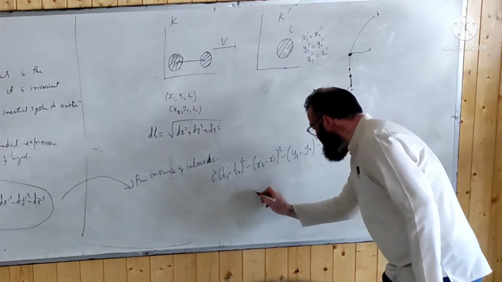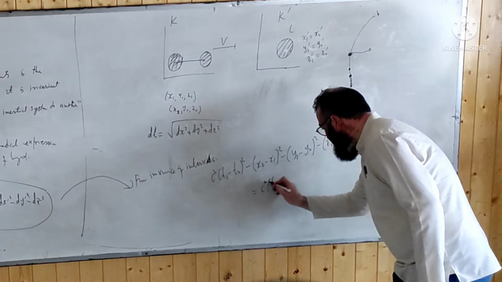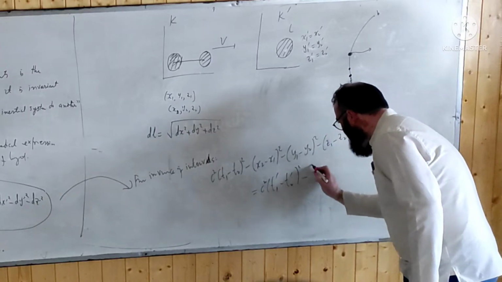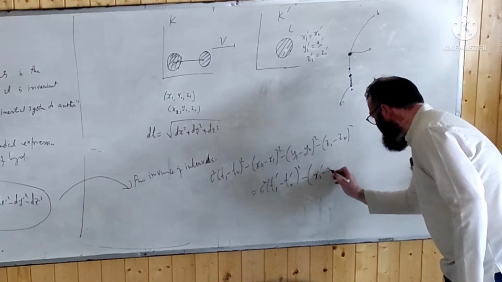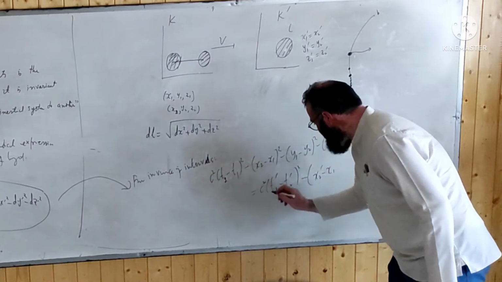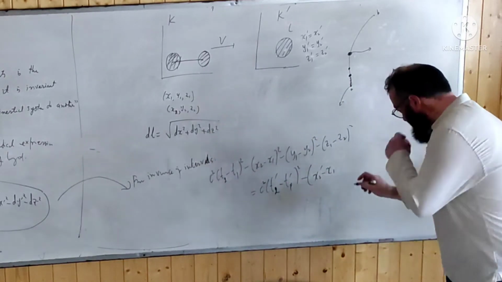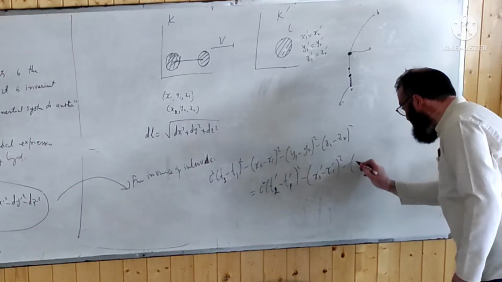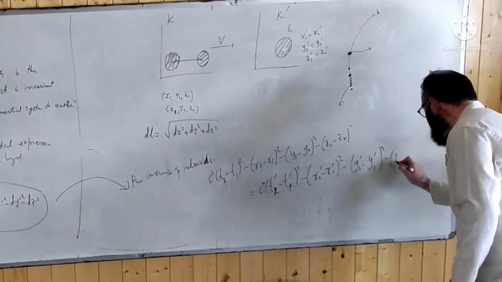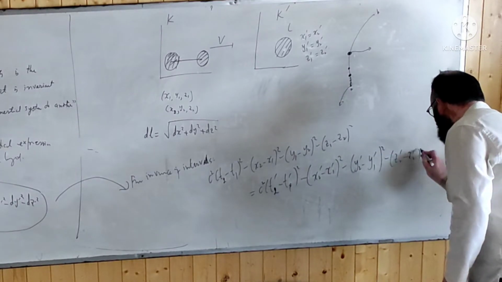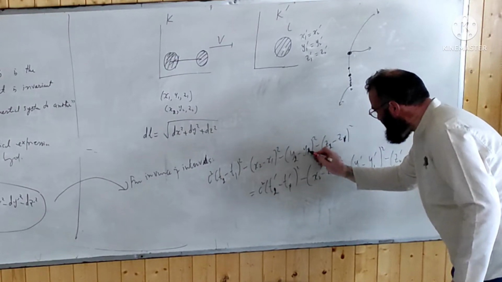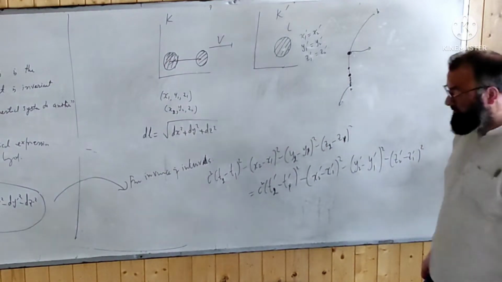That is the same as c square (t1 prime minus t2 prime) square minus (x2 prime minus x1 prime) square minus (y2 prime minus y1 prime) square minus (z2 prime minus z1 prime) square. Although it is squared, it will be the same thing.